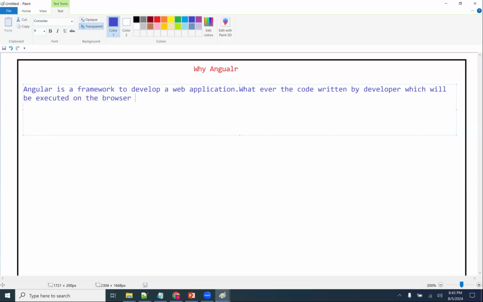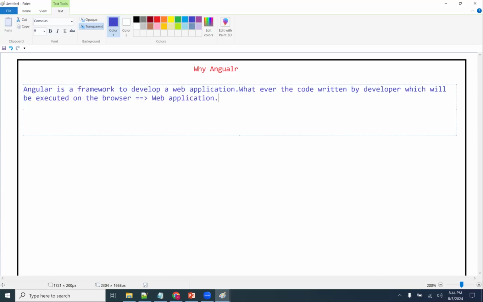For example, I wrote some 1,000 lines of code, and all 1,000 lines are executed on the browser. Whatever code written by the developer that is executed on the browser, I call that a web application.